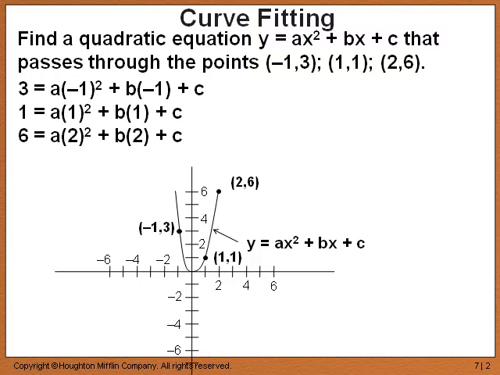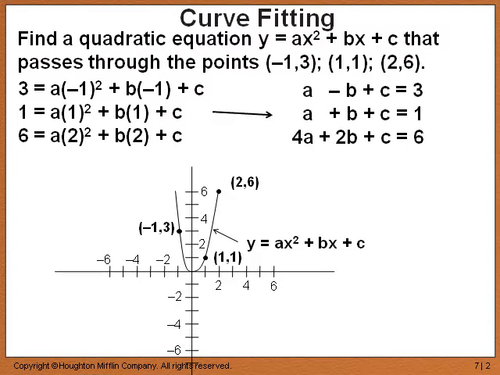Now, these equations we simply wrote taking information that was given to us in the problem. Now we can rewrite this in the following way. a minus b plus c equals 3. a plus b plus c equals 1. 4a plus 2b plus c equals 6.